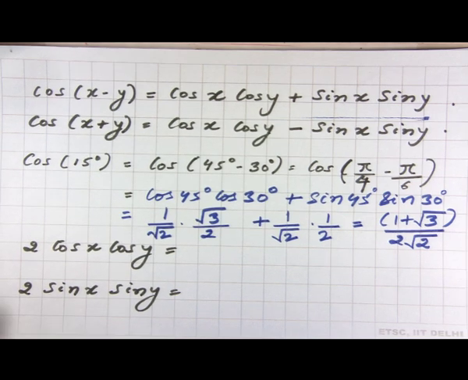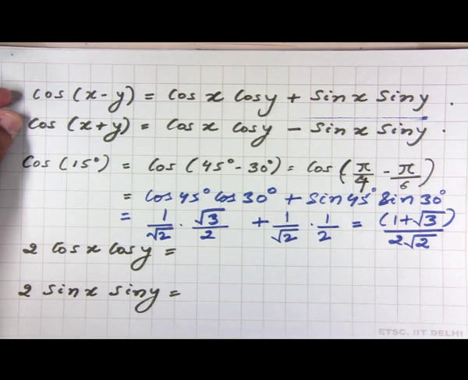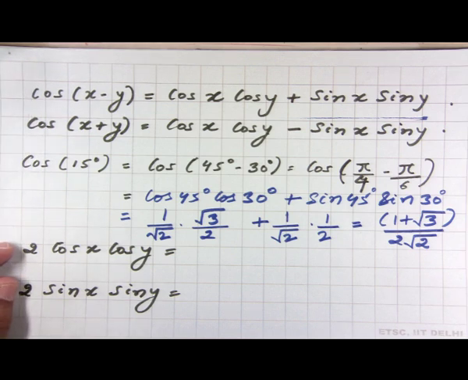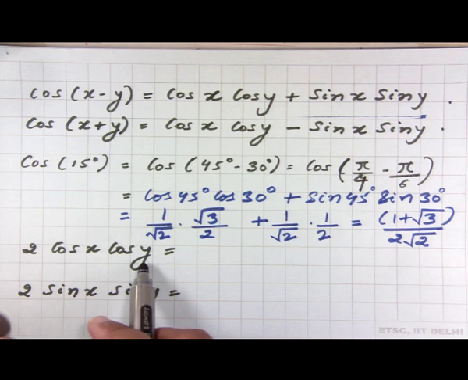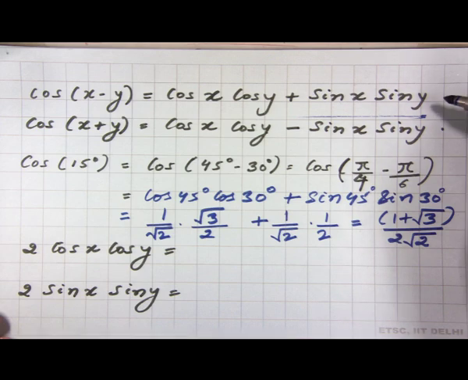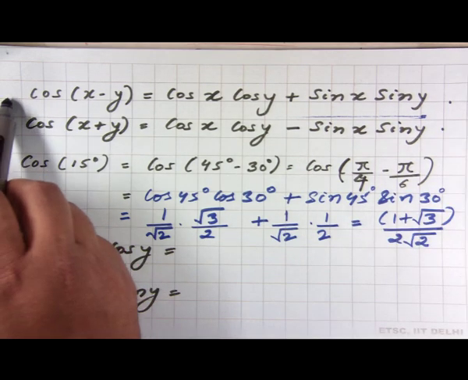Now, using these two basic formulas for cos of x minus y and cos of x plus y, other simplifications can also be derived. For example, if we are given an expression of this type, 2 cos x cos y, then it can be written as, so let us focus on these two equations here.